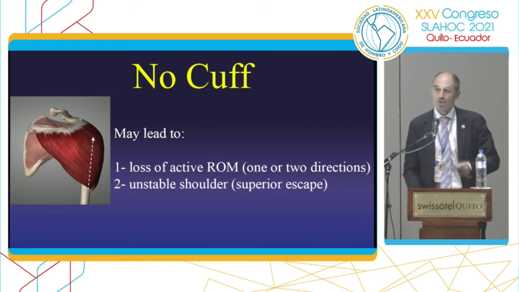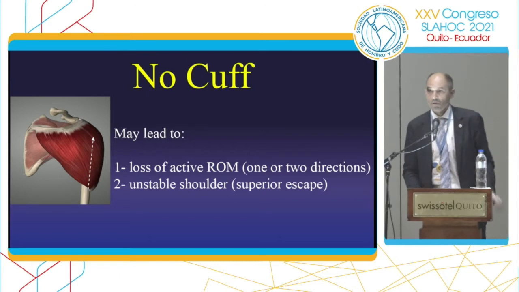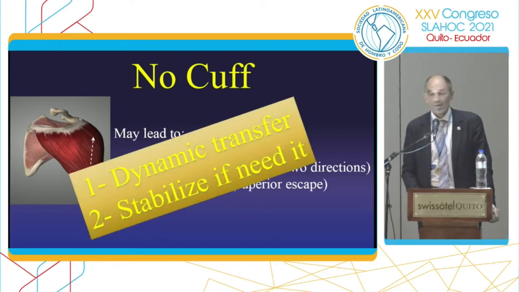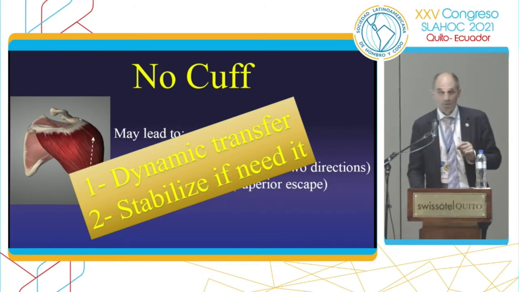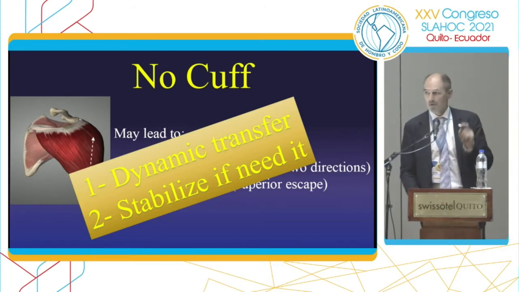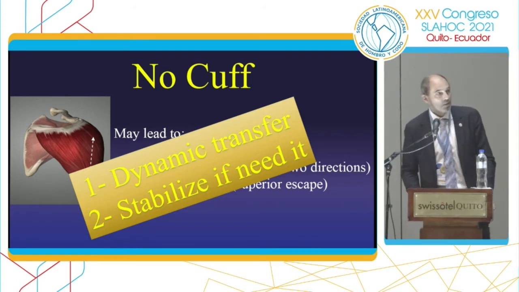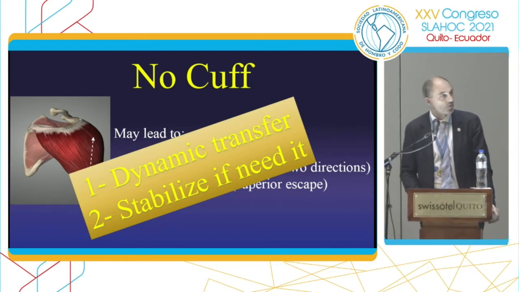We know now we have a posterior superior escape or the anterior and superior escape, which is with more consequences. In that situation, you have to propose a treatment, and first you have to make a dynamic transfer, and second, if needed, you have to stabilize the shoulder, because a tendon transfer alone cannot stabilize the shoulder.